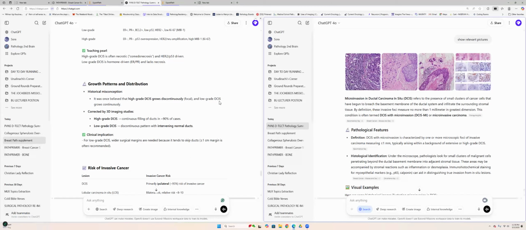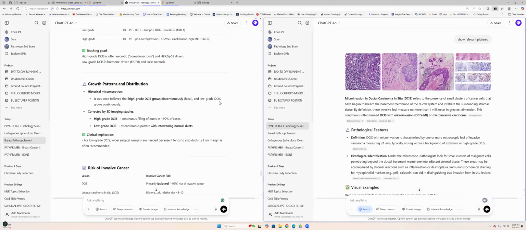Historical misconception. Many years ago, people thought that DCIS has a discontinuous pattern, in the sense that there can be skip lesions.